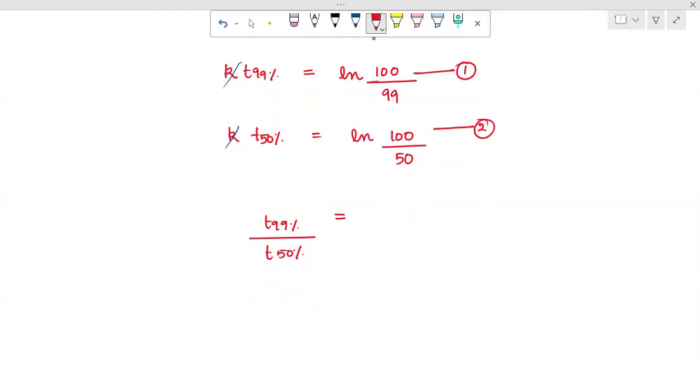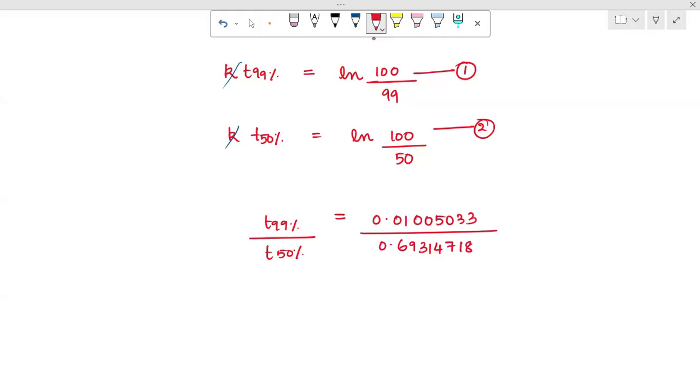So I have got it as 0.01005033 divided by ln 100 by 50, which is ln 2, correct? And we know that the value of ln 2 is 0.6931478.